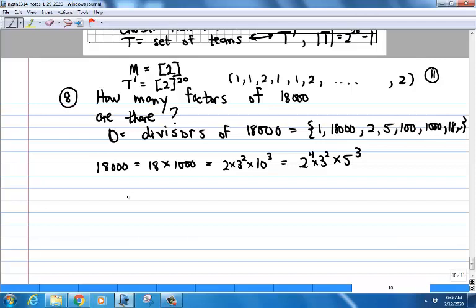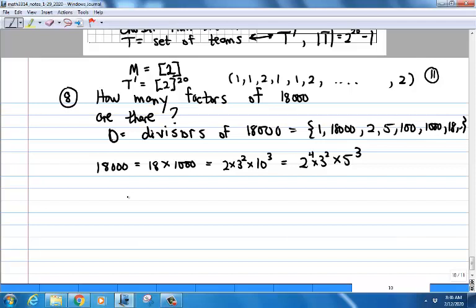So different sets of the exponents that we could use to build a divisor. But what we have to answer is how many of those different arrangements of the exponents there are. So how do we answer that question? What's our set model going to be?